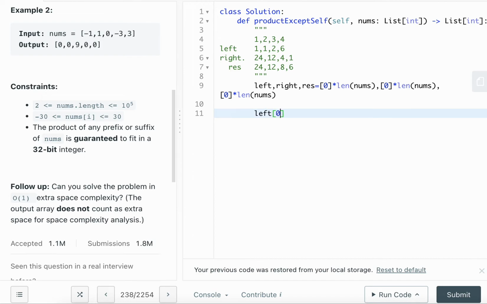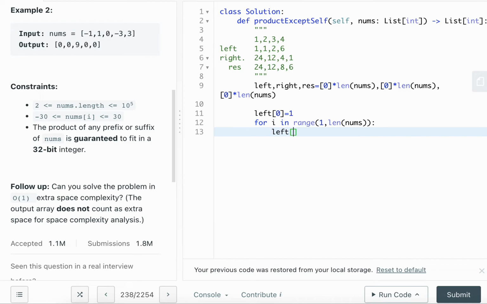I'm going to say left array 0 is equal to 1 first, because when I calculate the number, it's empty on the left side. So I have to specify the first one as 1, right? And then I'm going to start a for i in range, calculating from index 1 to the length of nums, to the end of the array. I'm going to start the calculation.